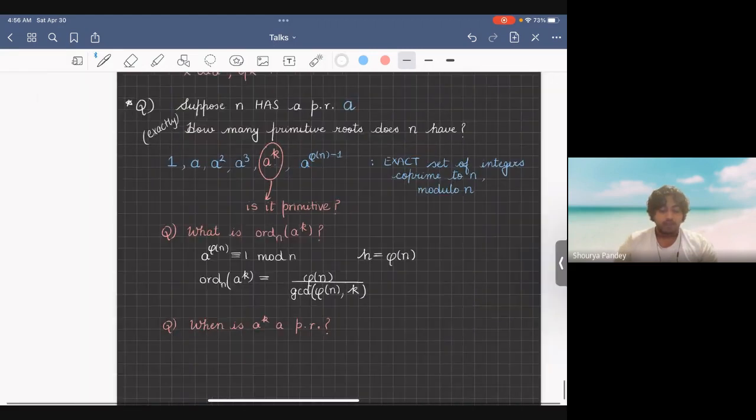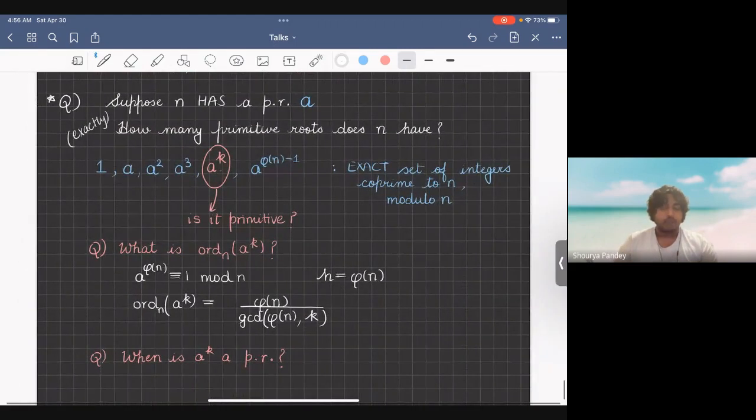Let me know if there's any step which is not clear. We can go back. Note already that we're seeing one advantage of primitive roots to the question that was there before. We can simply write the set of all numbers co-prime to n with one single number, which is very convenient for analysis.